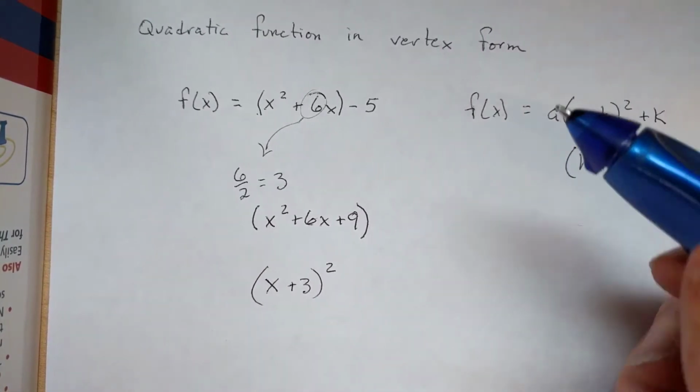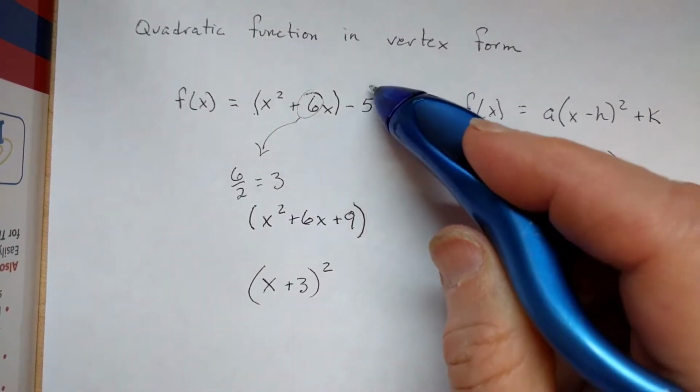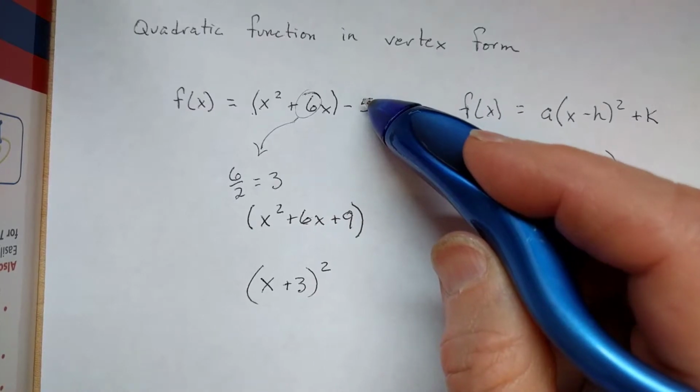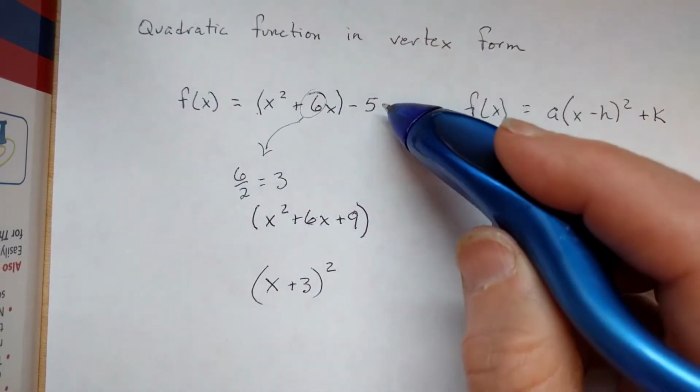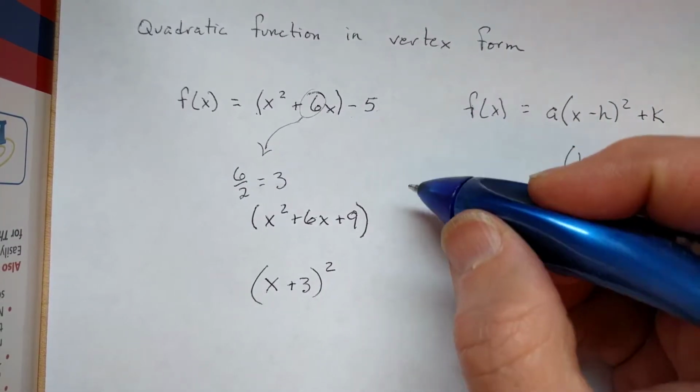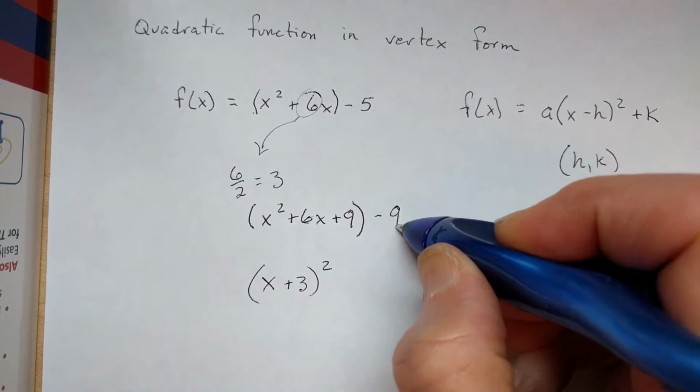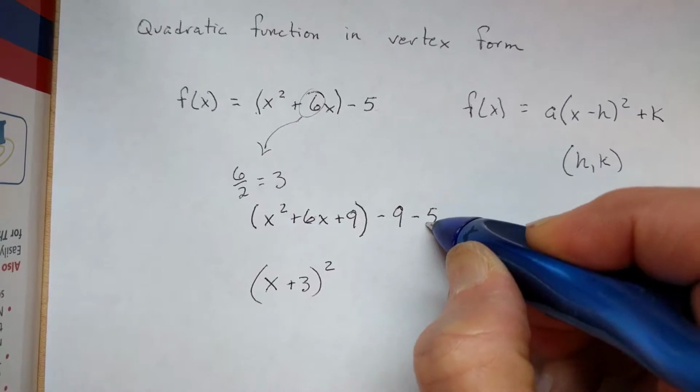But because I added these inside the parentheses and my negative 5 is on the same side of the equation, here's my equal sign, I also have to subtract 9 outside the parentheses.